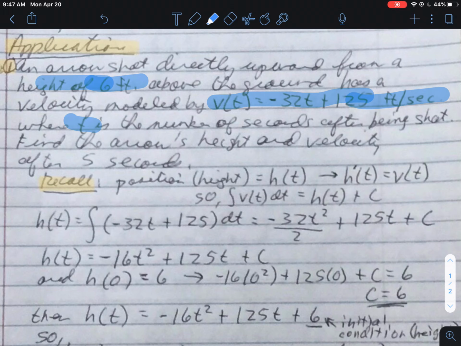Our question: let's find the arrow's height and velocity after 5 seconds.